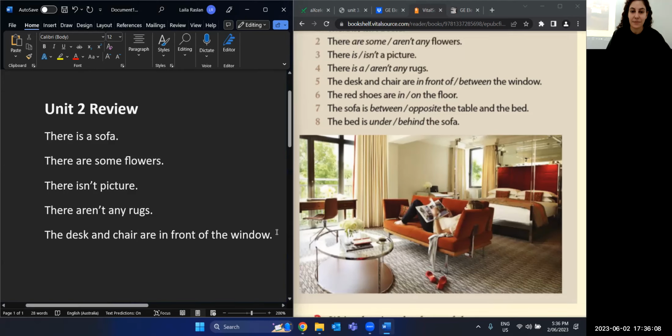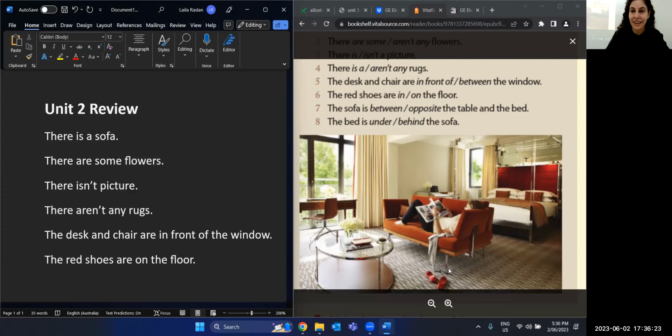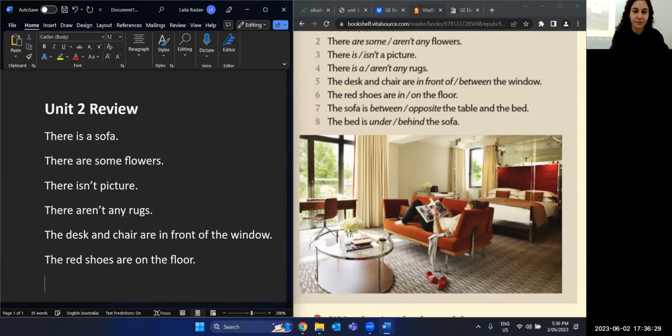Joanna, 6. On the floor? Yeah. Something is on the floor. The red shoes are on the floor. That's where they are. They are on the floor. 7. Mariana.